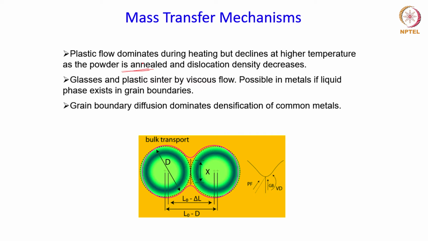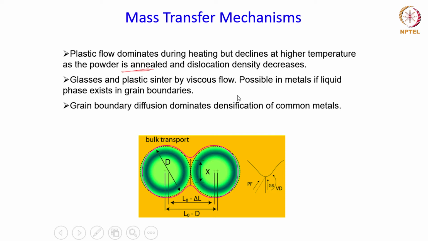So since this plastic flow is controlled by the dislocation motion, when the dislocation density decreases, the domination of the plastic flow will also decrease. Okay, so that is why at high temperature the plastic flow is no longer a dominant mechanism for densification.